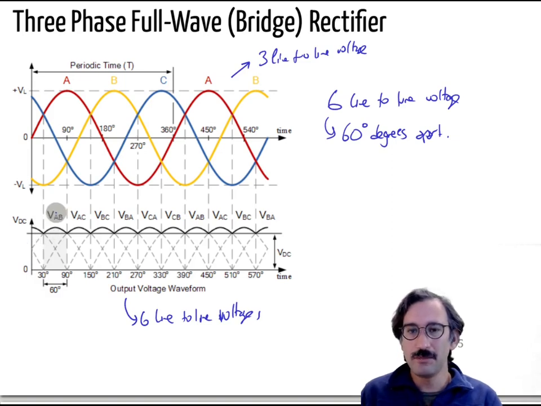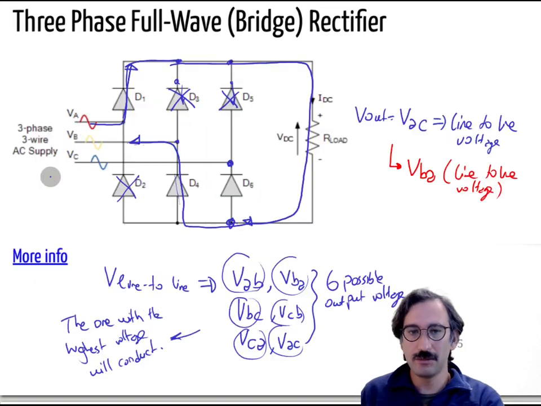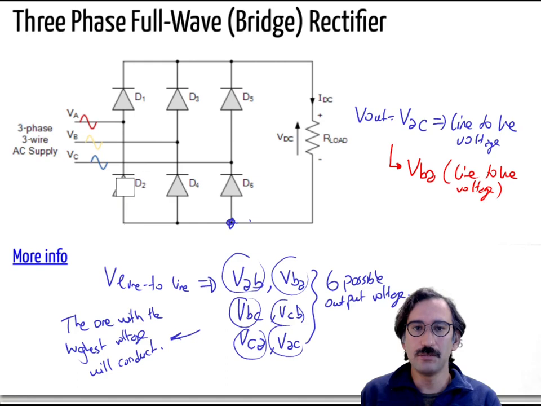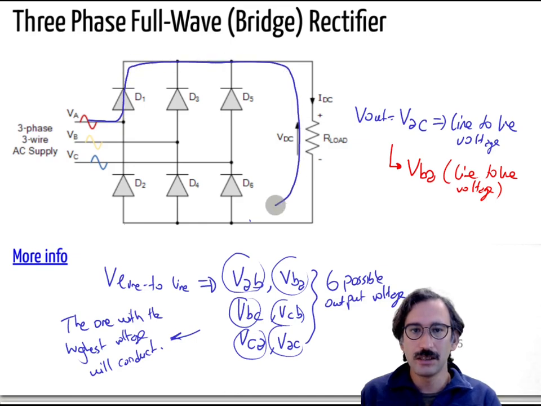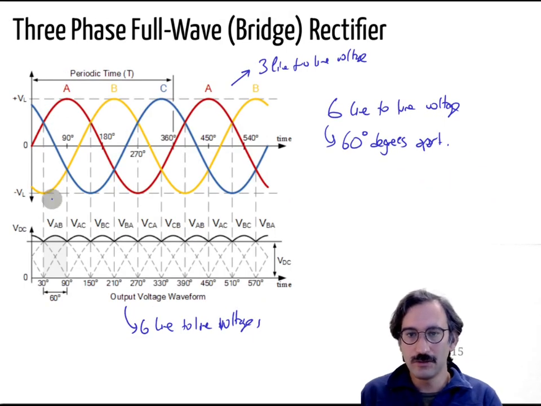So again, if you just look at the labels, first it will go VAB. So VAB means, let me clean that part a little bit, that one will get into the conduction, then it will come back through here in the first one.